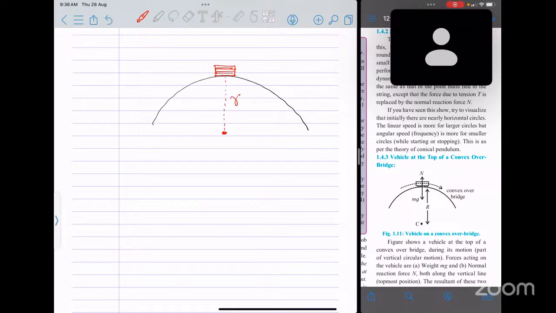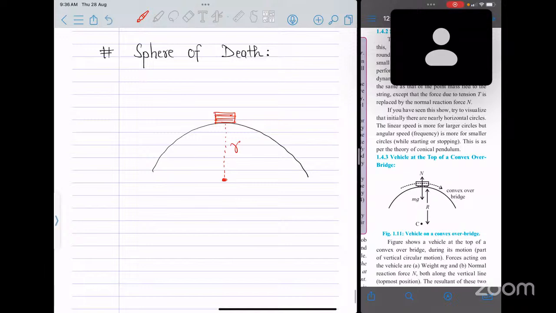ये रेडियस बन जाएगी। और जब ये सरफेस के ऊपर होगा, in that case the surface will provide some normal reaction N, and mass of the object is downward mg. Okay, so centripetal force कहाँ होगा? Towards the center, which means if mg is greater than N, mg minus N will work as centripetal force.